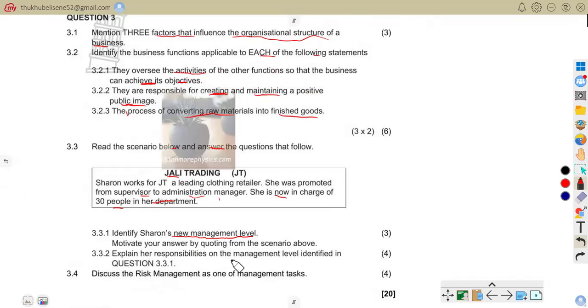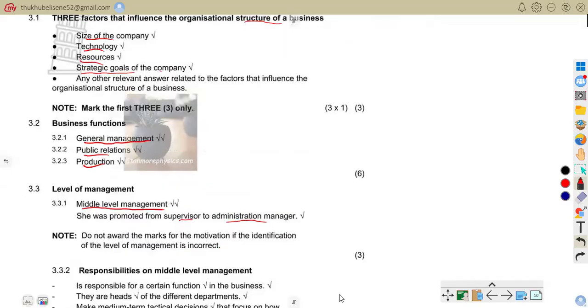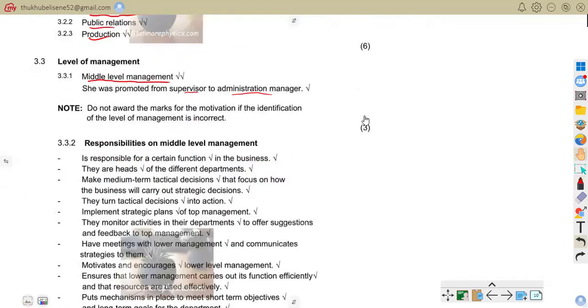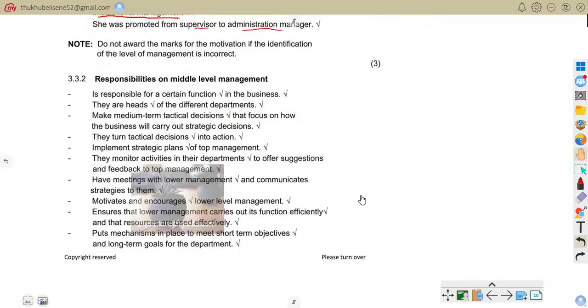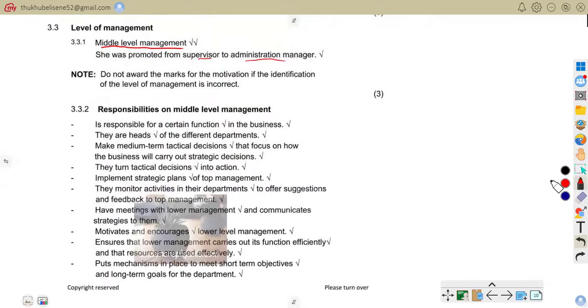Explain the responsibility of the managerial level identified. So it is about middle management, the responsibilities of middle management. Middle management is responsible for a certain function in the business. So they are responsible for a specific function.